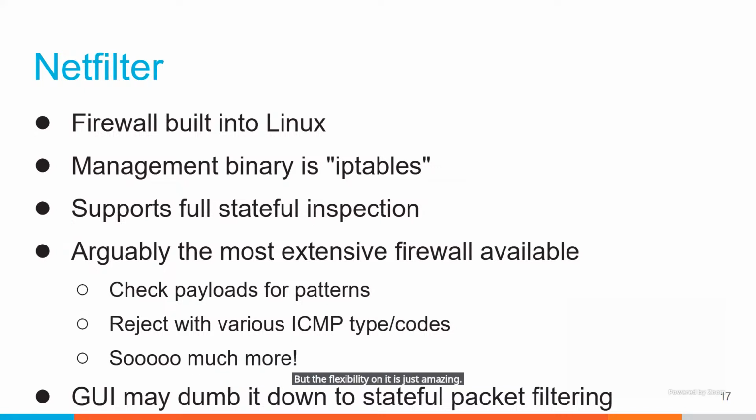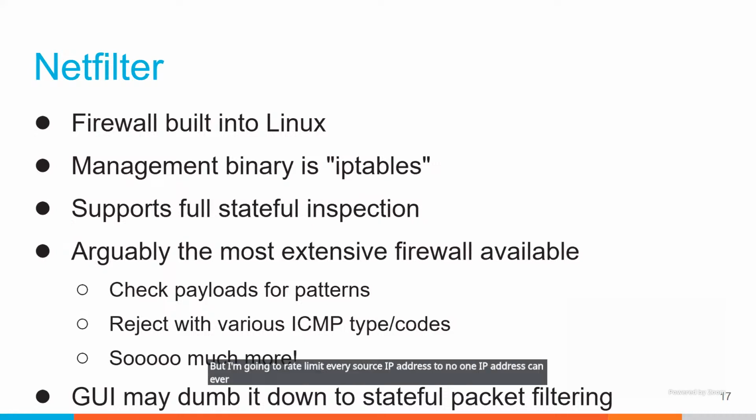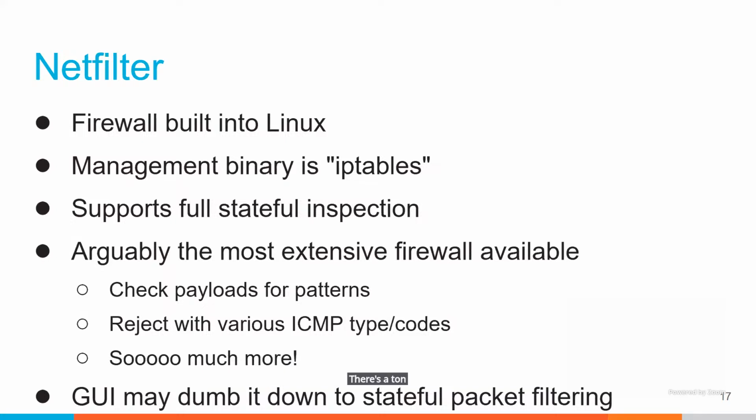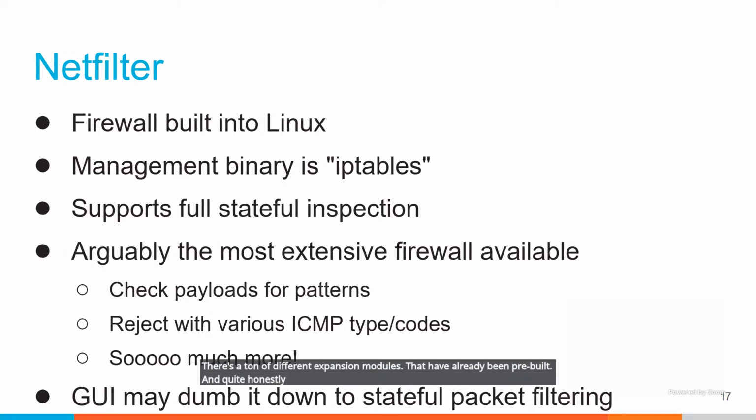I can do things like say, okay, permit traffic to the web server, but I'm going to rate limit every source IP address so no one IP address can ever DOS that system. And it's just built right in and it's there for free. There's a ton of different expansion modules that have already been pre-built. And quite honestly, it's not that hard to go in and build this stuff for yourself.